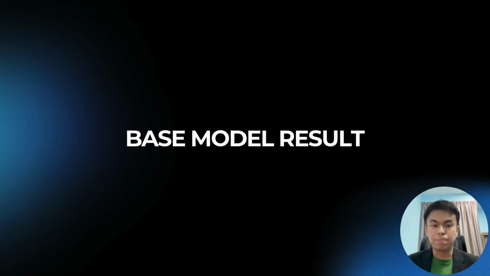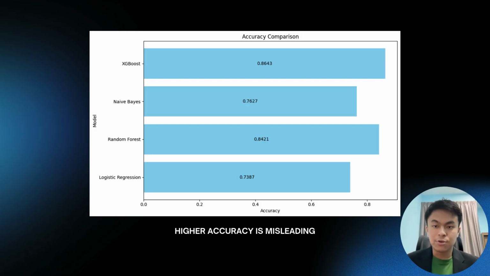Now we are going through the base model results in brief. Here we can see that XGBoost has the highest accuracy among the four models. It is because XGBoost predicts more on the majority class and less of the minority class. So accuracy is misleading here.